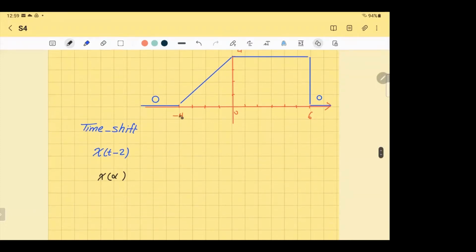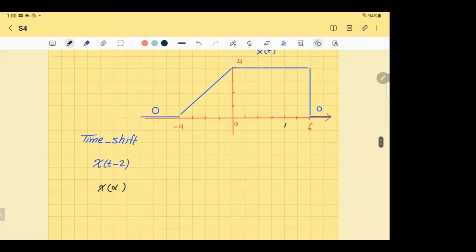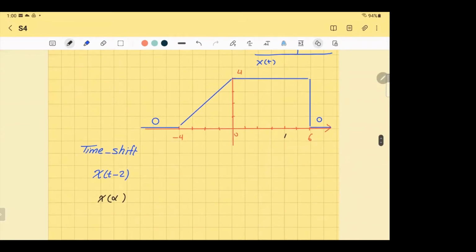Because for example at 4, we have 2t equal to 4, so t equals 2 for the new coordinate. So you divide by 2. How do we do that? Let's take also a picture for this one.